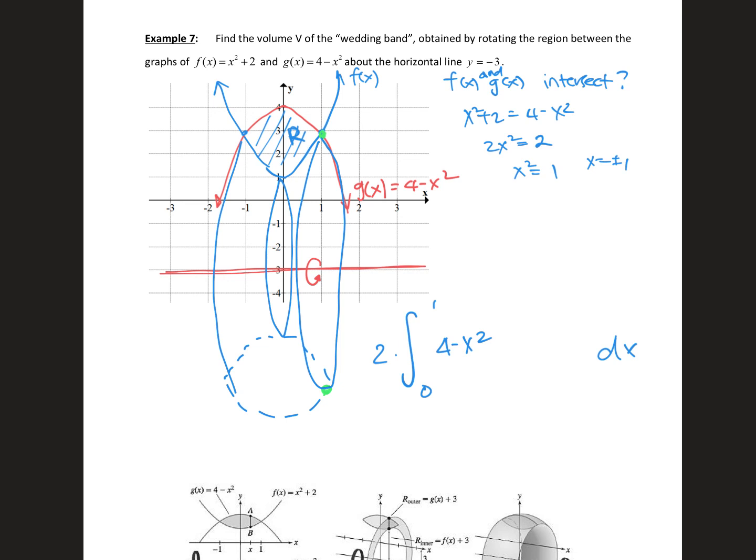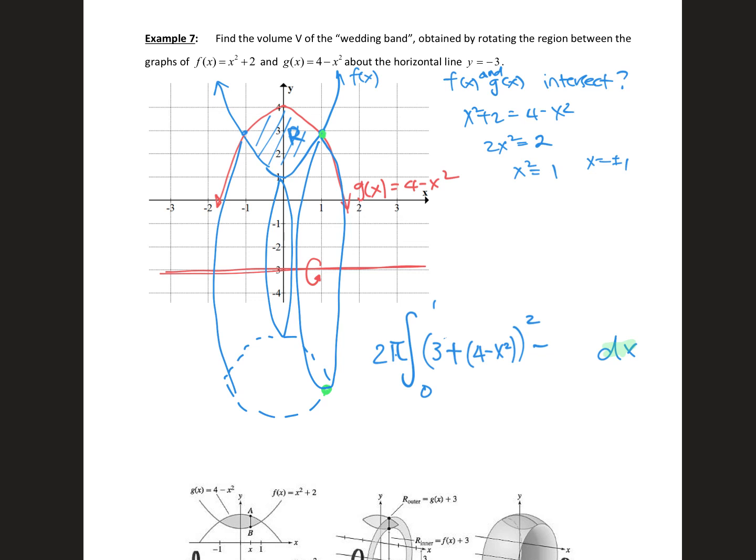So instead of writing it like this, I'm going to write 3 plus 4 minus x squared. That's the radius, the whole thing squared. I'm going to put the pi outside already, right? Minus, how about the small one? Kind of the same way.